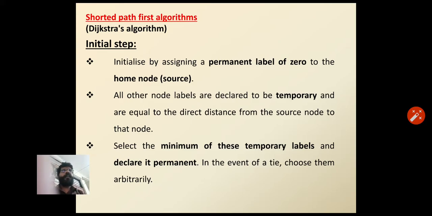Second, all other nodes' labels are declared temporary and are equal to the direct distance from the source node to that node. That means a temporary node is a directly adjacent node of the source node. Then select the minimum of these temporary labels and declare it permanent. In the event of a tie, choose arbitrarily.